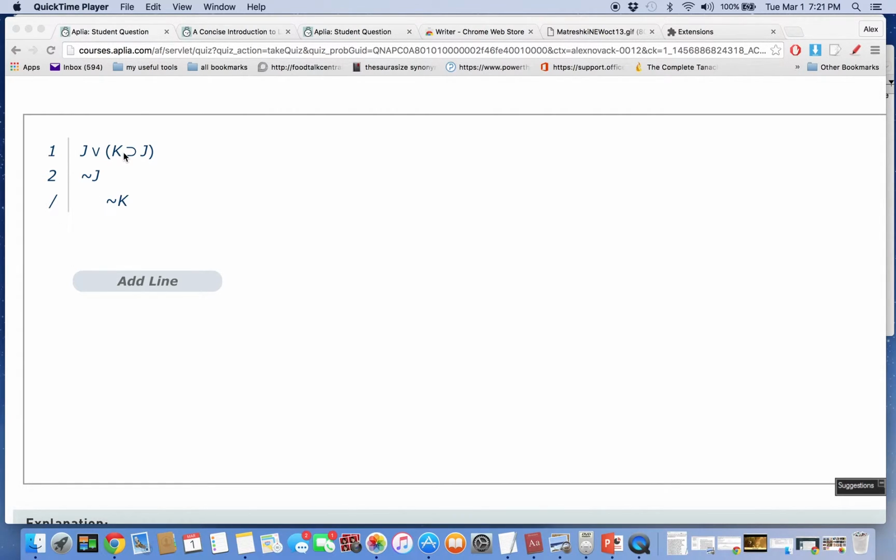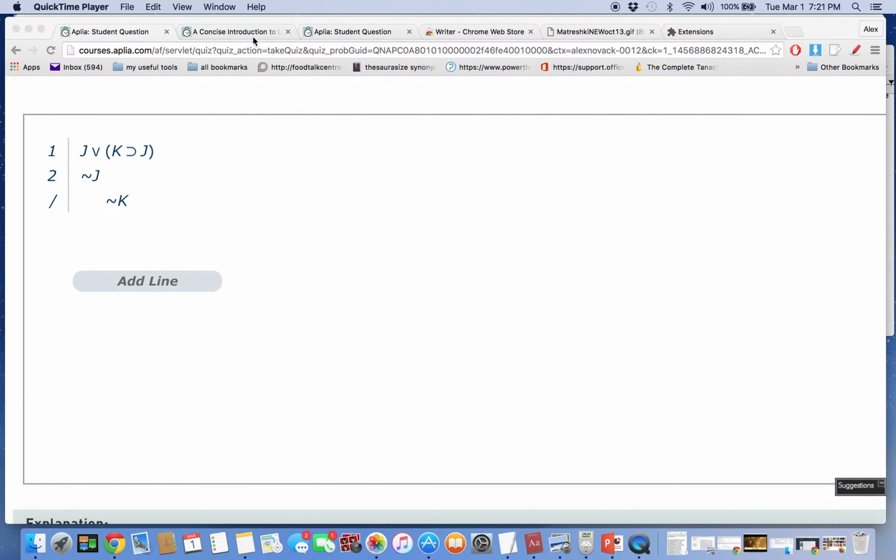Now, there's no rule that lets you pluck a K that's embedded already in a chunk. Notice that we have main operator wedge in line number one, and to the right of that main operator is this parentheses-enclosed chunk, which has K in it. There's no rule that will let you just pluck it out of that embedded chunk.